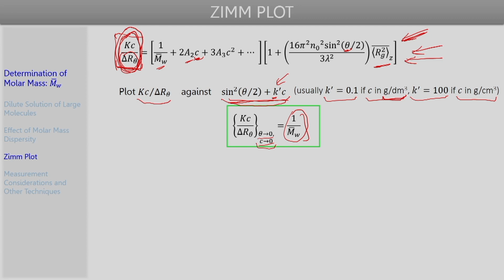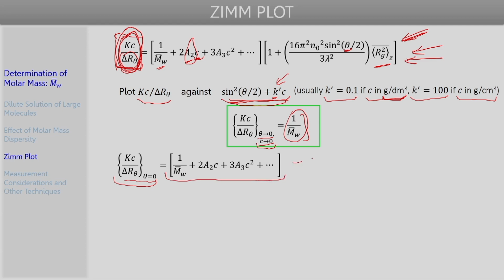Now, mathematically, let us see how one can obtain the second virial coefficient. Let us consider what Kc over delta R theta reduces to under the condition theta equal to 0. C can have any value right now, but if theta equal to 0, then we get this expression. Now let us differentiate this expression with respect to k prime c.